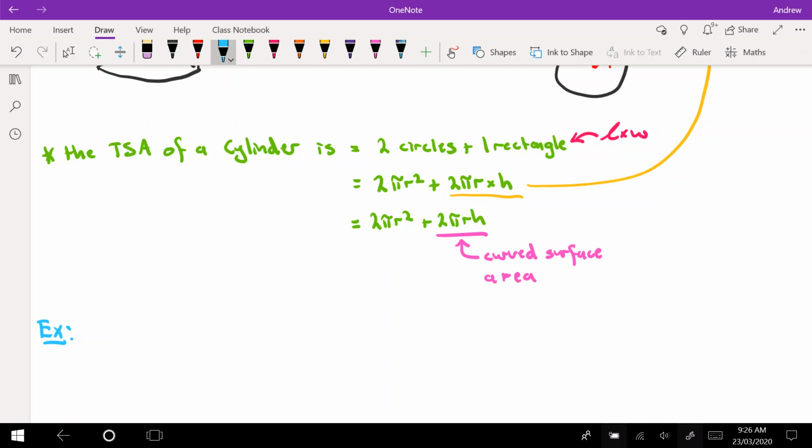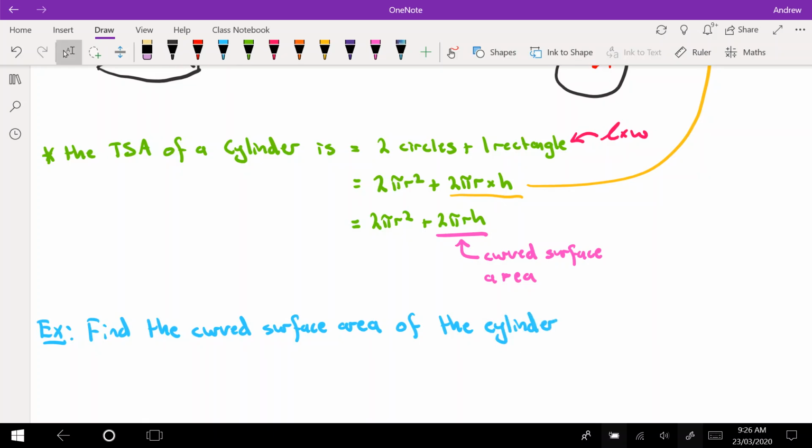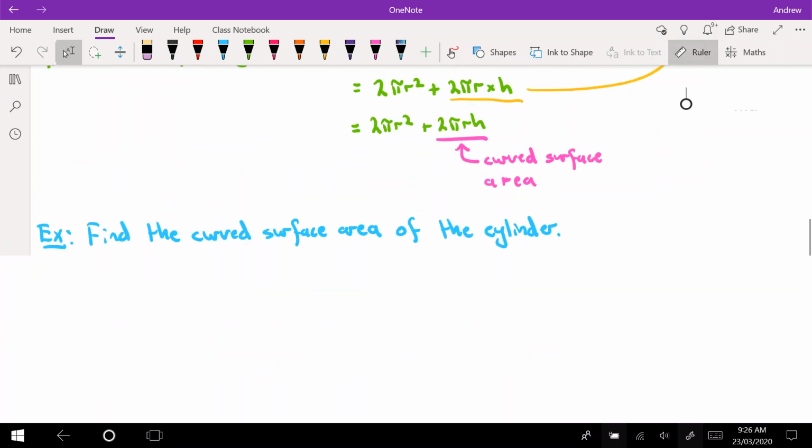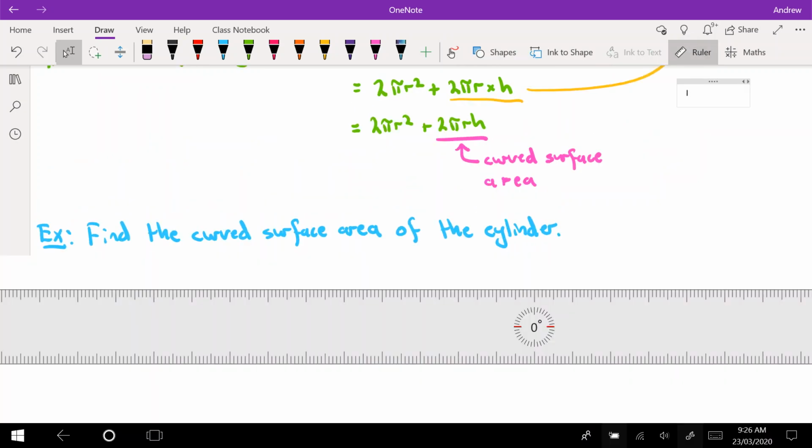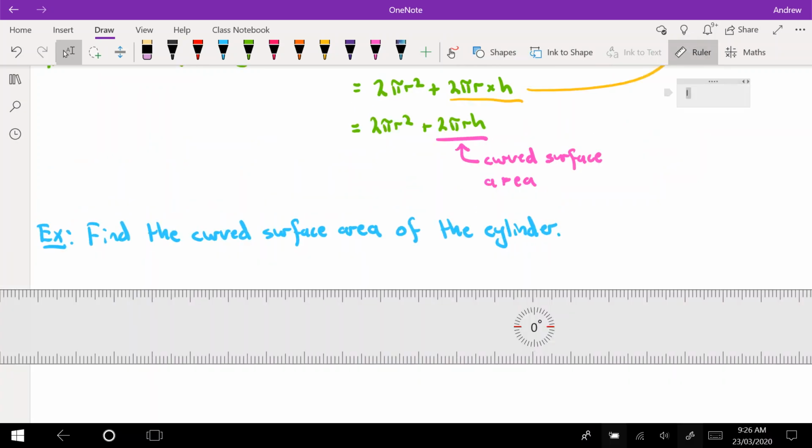Alright, so let's find the curved surface area of the cylinder. And just bear with me while I draw a bad cylinder. Oh, whatever.